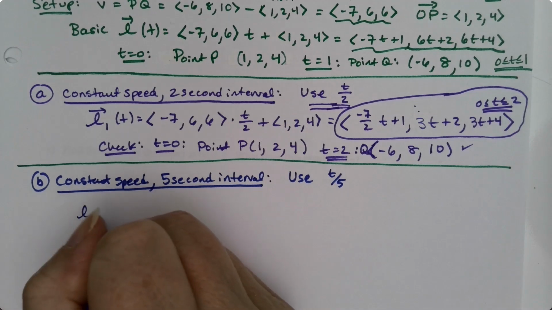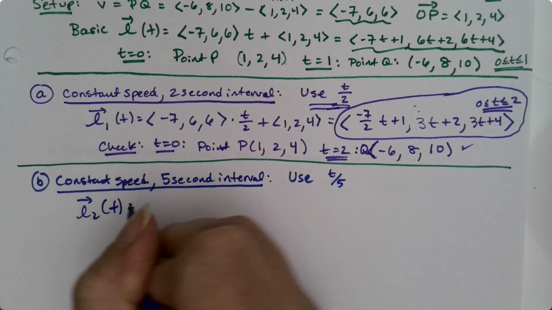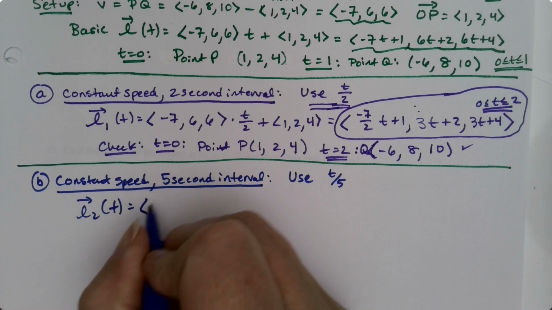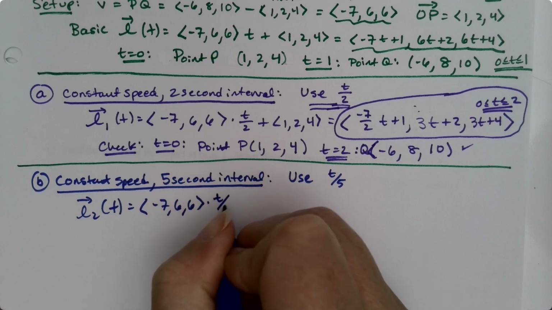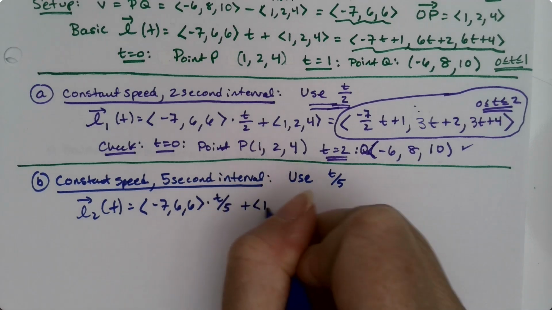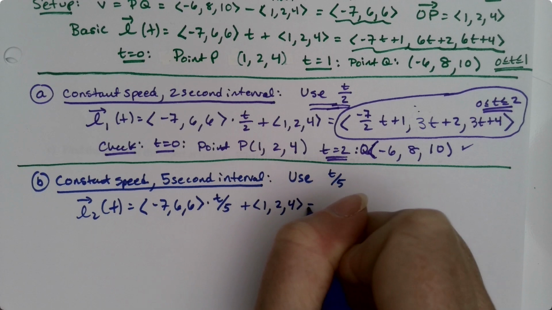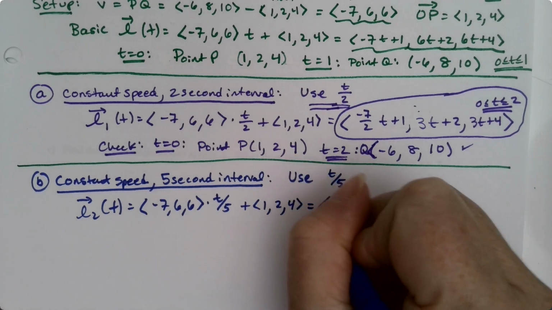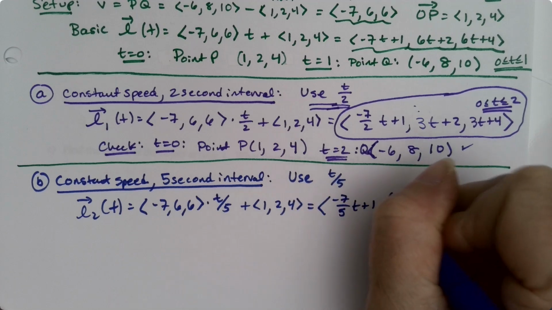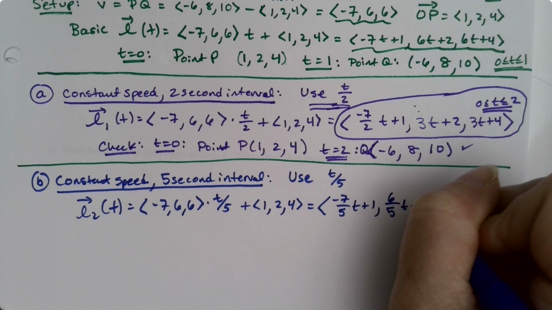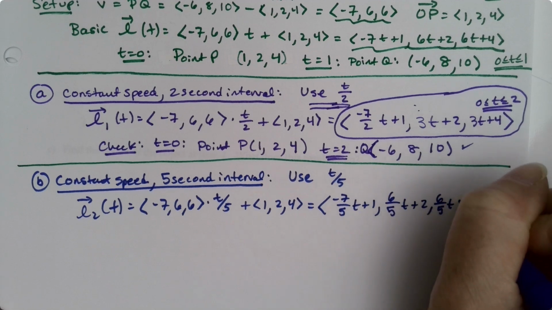So L2 of t would be, you take your negative 7, 6, 6 direction vector, you multiply it by t over 5 plus your point 1, 2, 4, and that would get us negative 7 over 5 t plus 1, 6 over 5 t plus 2, and 6 over 5 t plus 4.